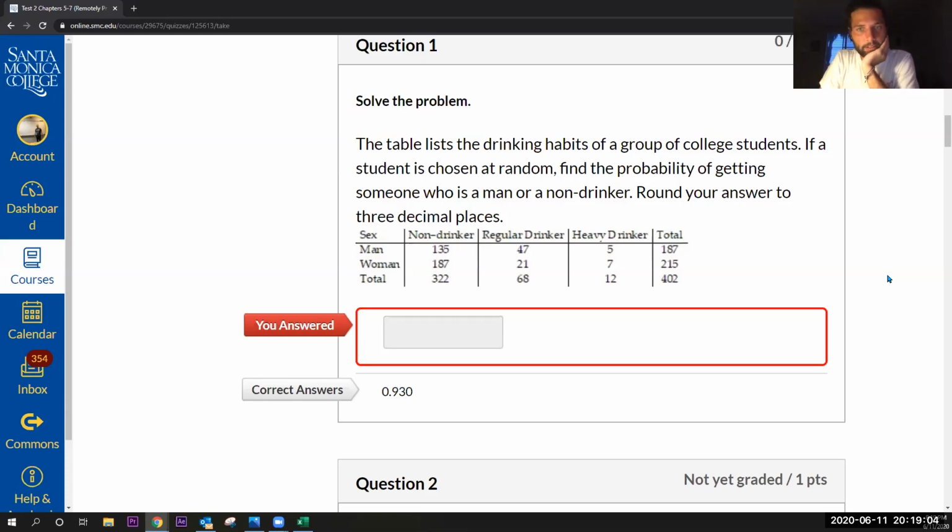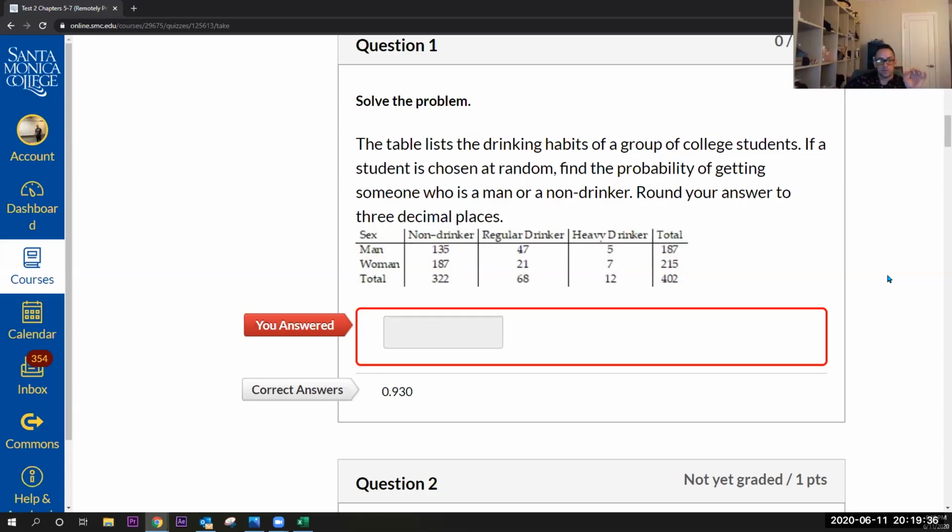The thing about 135 is that's the number of male non-drinkers. The question is asking the probability of getting someone who is a male or a non-drinker. I don't want the probability of getting someone who is a male and a non-drinker. That's what you gave me. Yeah, I read that wrong.